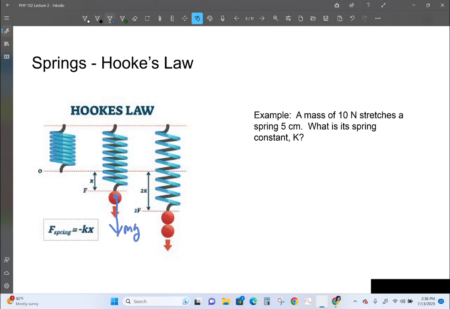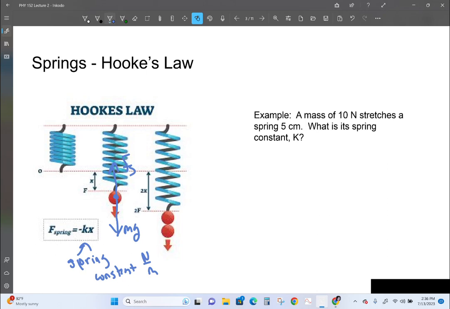Weight is mass times gravity. And the spring is pulling back equal and opposite to it, so it's in a negative direction. That's what the negative is. It's equal to the stiffness of the spring constant, which is in newtons per meter, times how far you've stretched it.